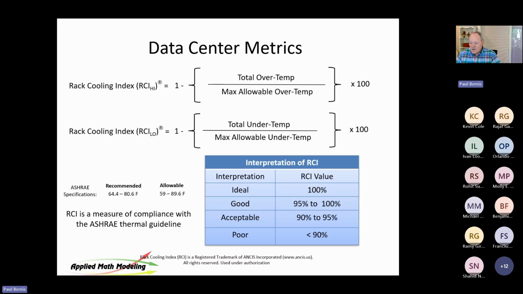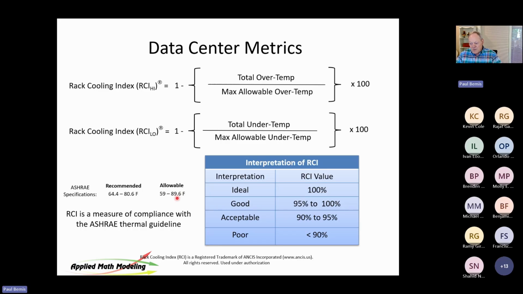This is how many hotspots there are and how big the magnitude of the hotspot is. I'm using Fahrenheit here, so I apologize to my international customers, but I am in America, and we use Fahrenheit. The recommended inlet temp for servers is 80.6 on the upper side and 89.6 for allowable.